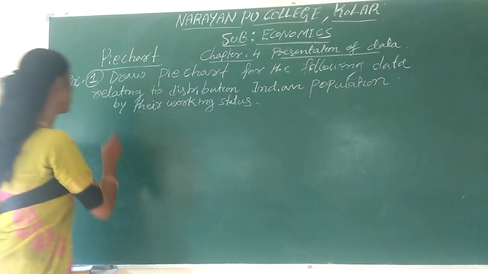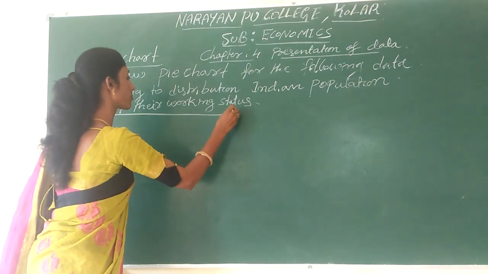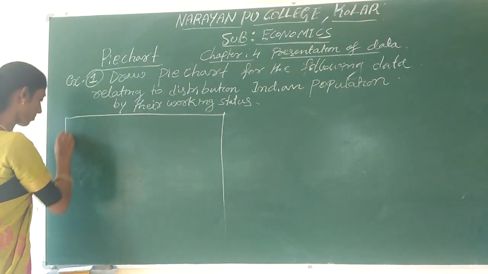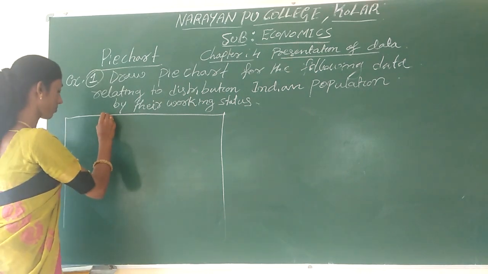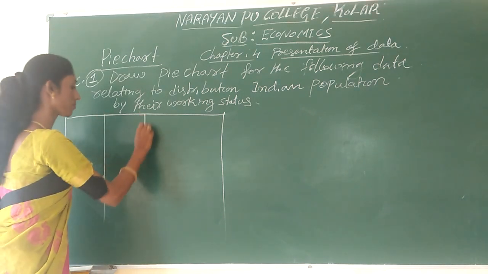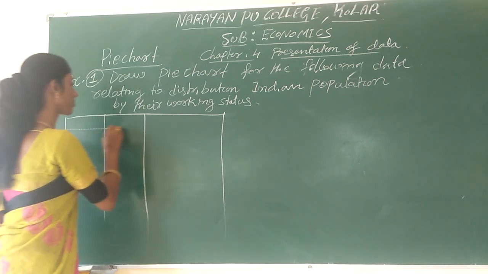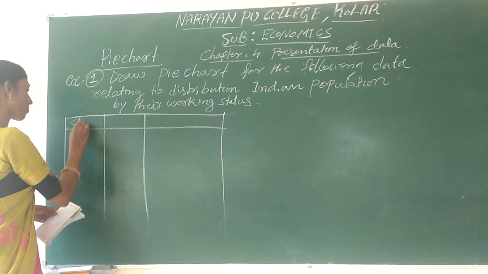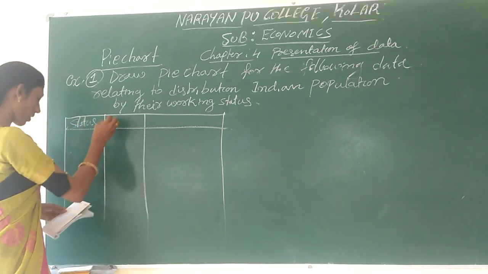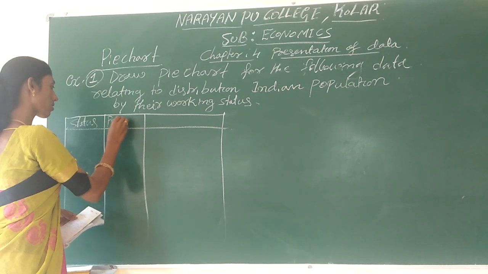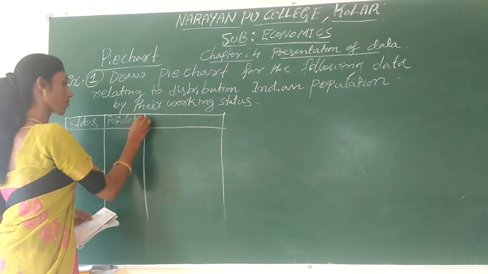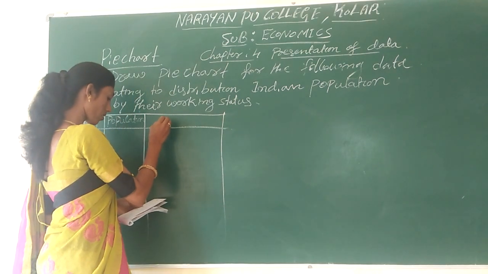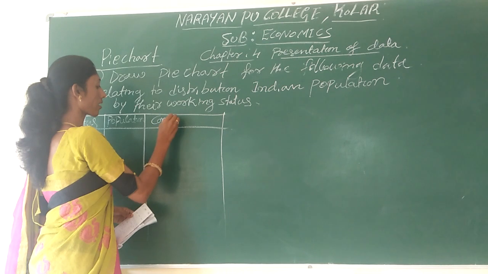Okay, take the data now. Data is status, and second one is population, and third one is components or angles.